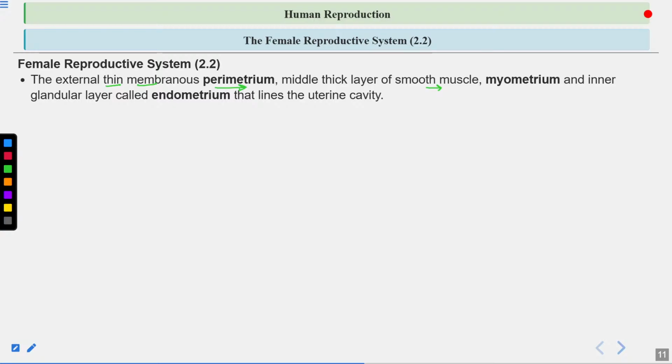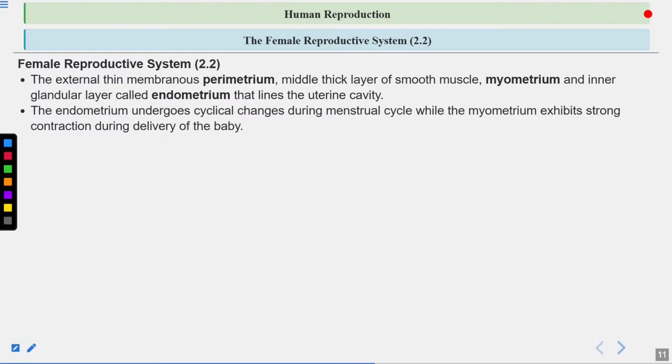And the inner glandular layer, called the endometrium, lines the uterine cavity. So you should remember the perimetrium is membranous, the myometrium is made up of smooth muscles, and the inner endometrium is made up of glandular cells.